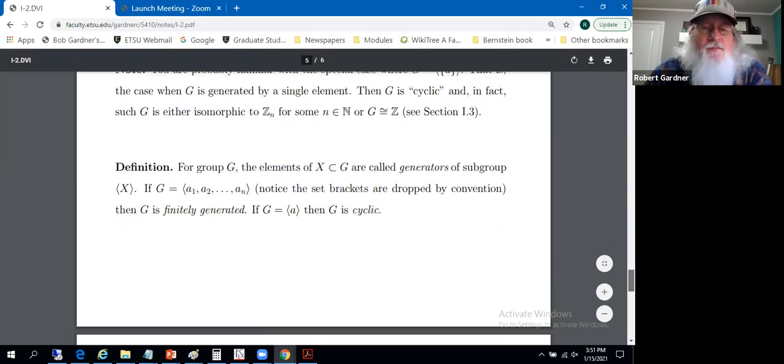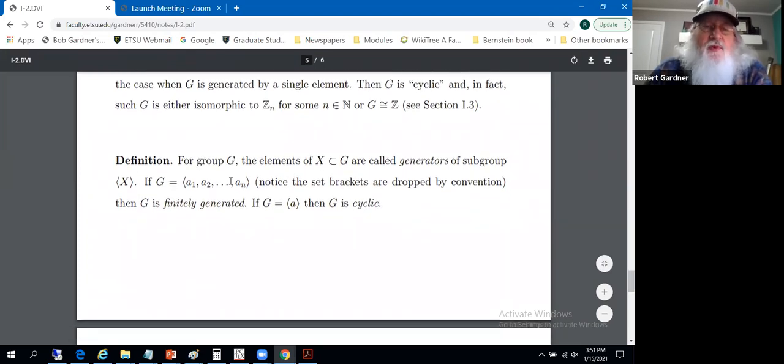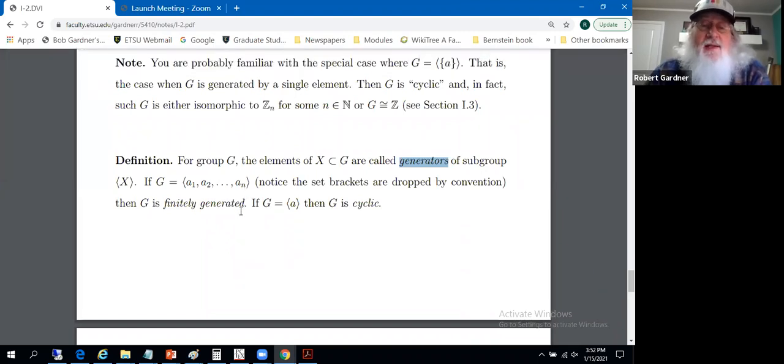More formally, given a group G, the elements of X, a collection of elements of the group, are called generators of the subgroup generated by that. So we're just giving a name to the individual elements. They're called generators of the subgroup. If G is generated by a finite number of elements, it's called finitely generated. If G is generated by a single element, it's called cyclic.